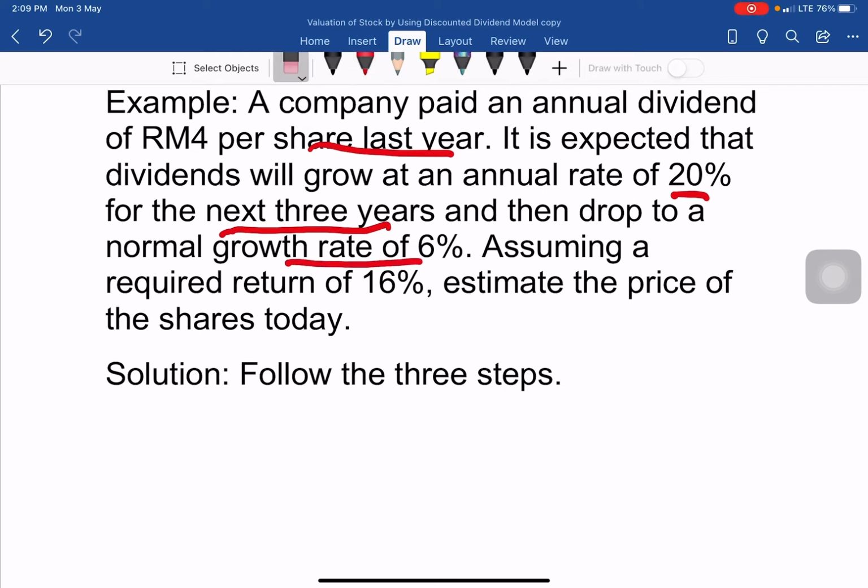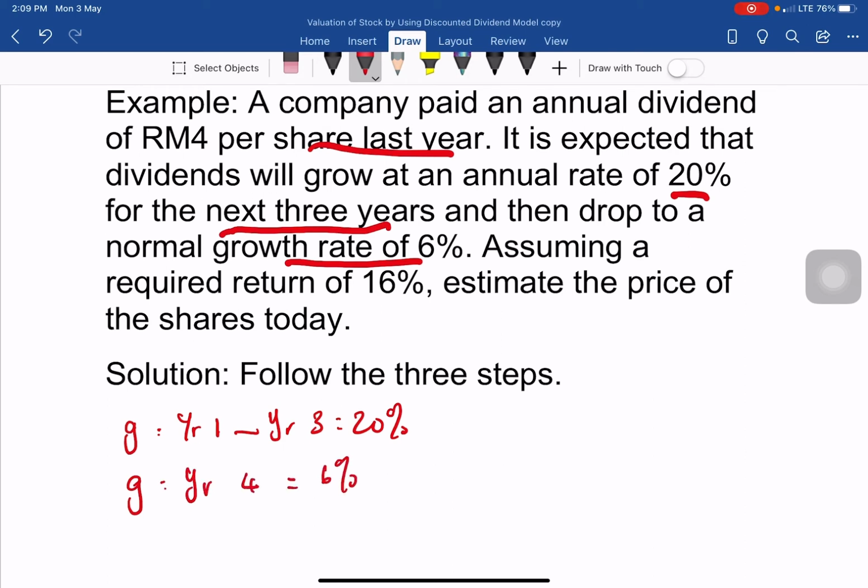So the G for year 1 up to year 3 is 20%. Okay. And then G untuk year 4 is 6%.